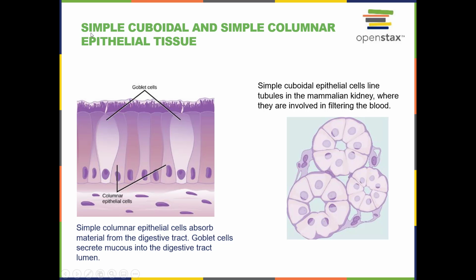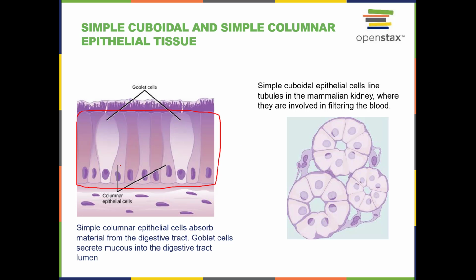And then you have this term simple. Simple means one layer. So in this picture on the left, you have a single layer. You're looking from the side view, but a single layer of columnar cells.